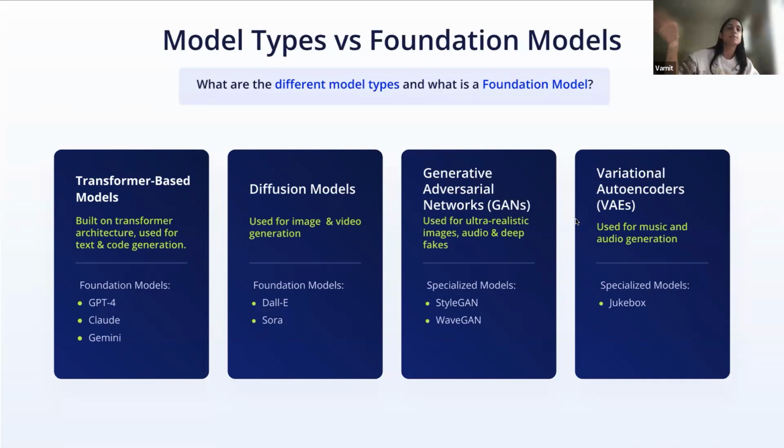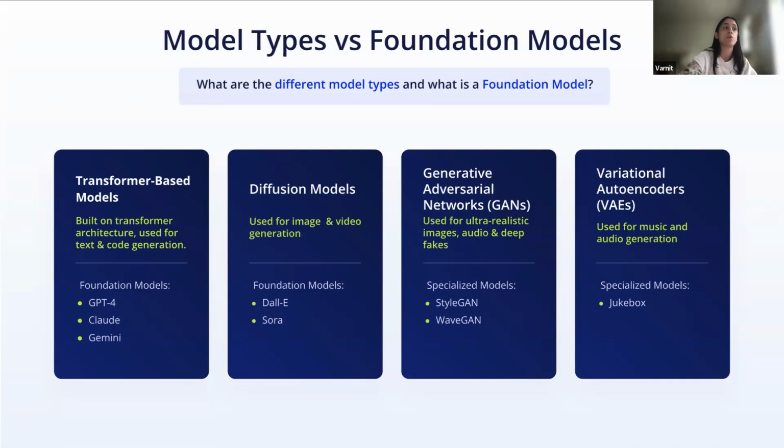Model types is the generic term: transformer-based models, diffusion models, GANs and VAEs. These are different algorithms, different techniques for building AI models that can then generate something. Transformer-based models are the backbone of the large language models like ChatGPT, Claude, and Gemini. These are very good for text generation, whereas diffusion models are really good for image and video generation.